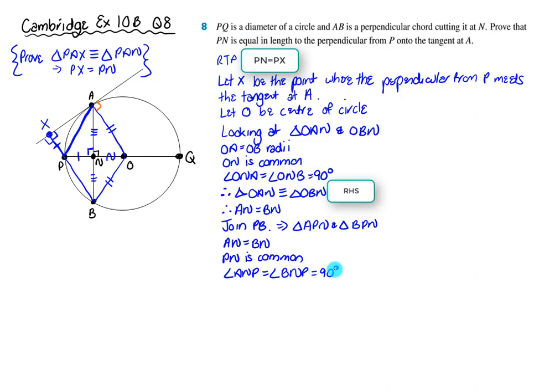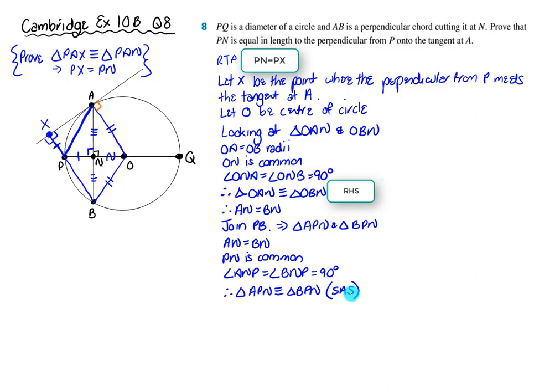So we've got the two sides and the included angle. So therefore, triangle APN is congruent to triangle BPN because of side angle side.